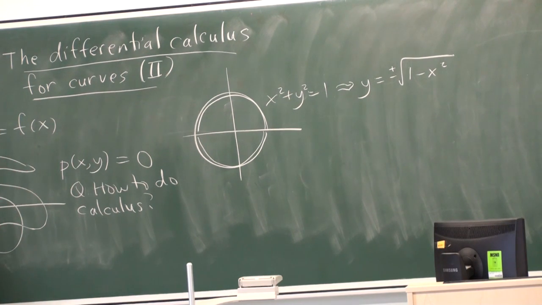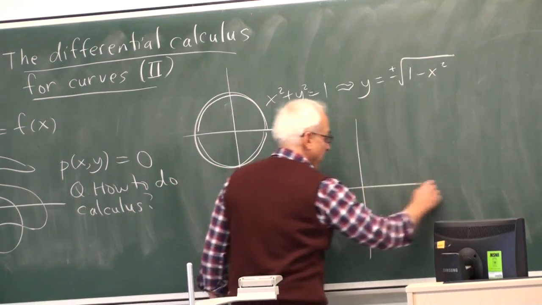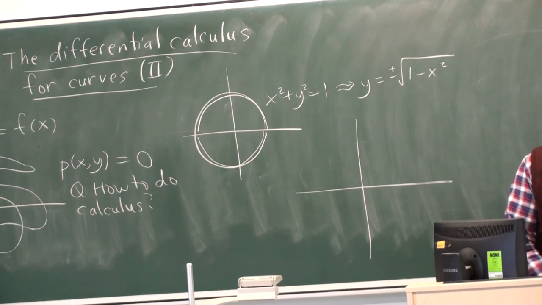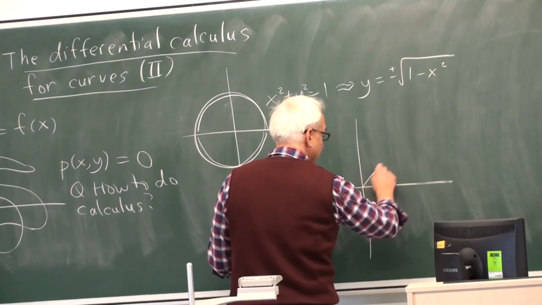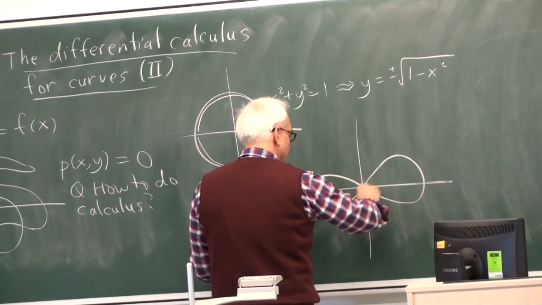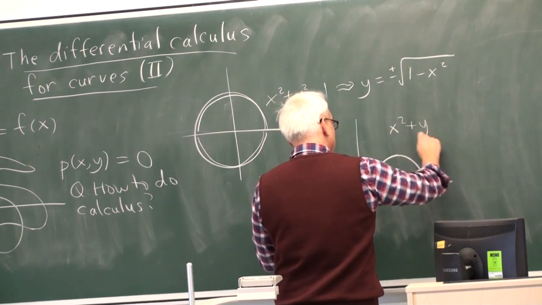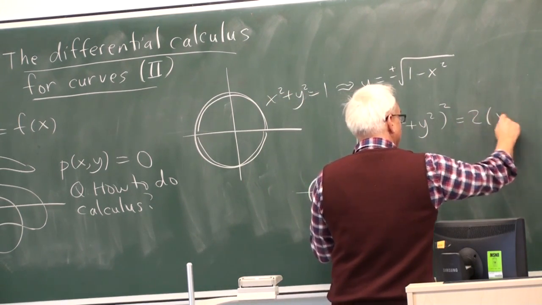However, for a more complicated curve, for example, probably the second most famous curve in terms of analysis is the Bernoulli's lemniscate, which we've already talked about, and I'll remind you that its equation is x squared plus y squared, squared, equals 2 times x squared minus y squared.